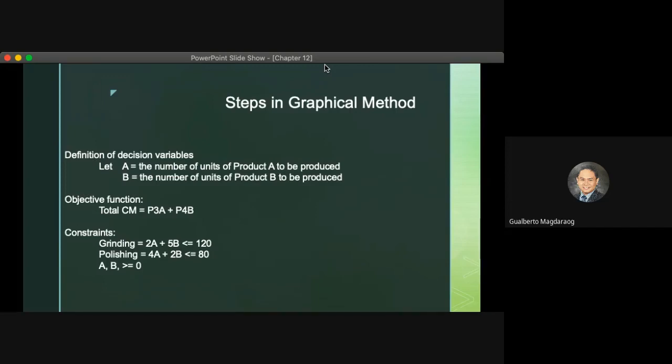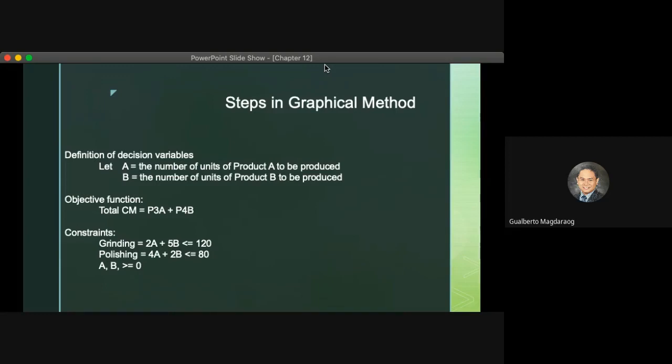So the same goes with polishing: 4A plus 2B should be equal or less than 80 hours, because we are trying to find out the number of units within that limit. And then A and B should be greater than or equal to 0. Meaning, pwede po tayong mag-produce ng puro A lang, walang B, or puro B lang, walang A, or a combination of any amount aside from 0, A and B.